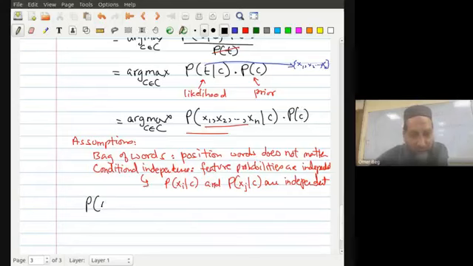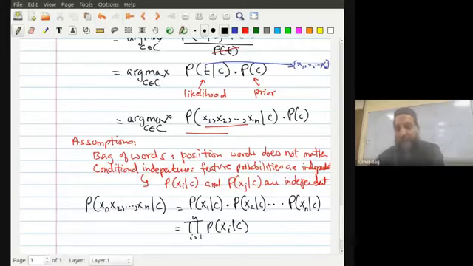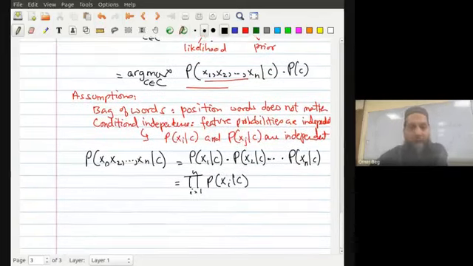We can calculate the probability of x1, x2, all the way to xn given some class C as the product of the probability of x1 given class C, the probability of x2 given class C, all the way to the probability of xn given class C. That would be the product of all these probabilities of x of i given class C, where i goes from 1 to n. Okay?